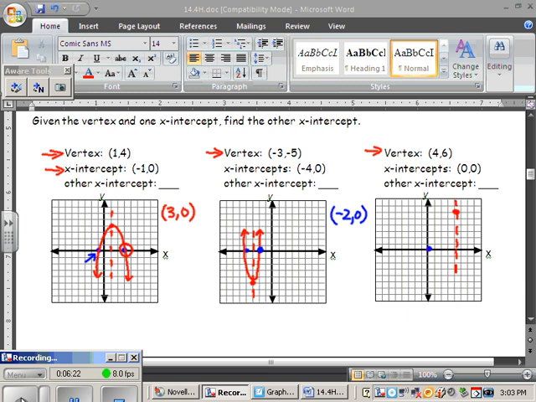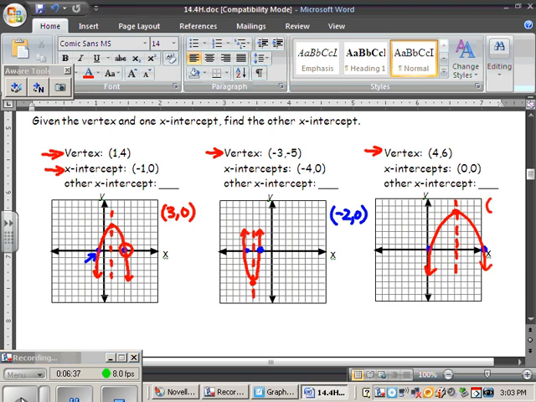So we want to go 4 spaces to the right so that our parabola would be symmetrical. And then we need to identify that point, which would be at (8, 0).